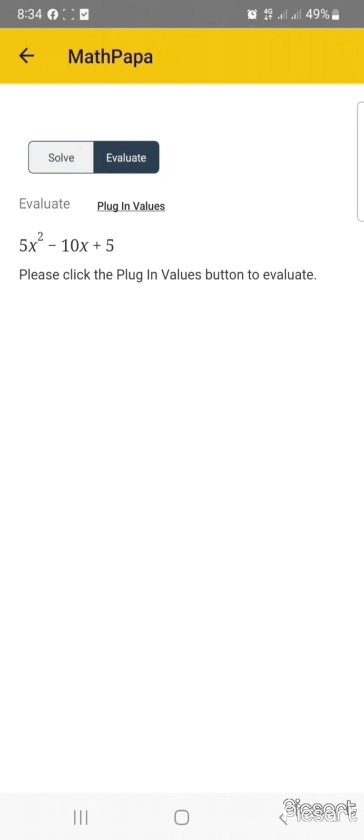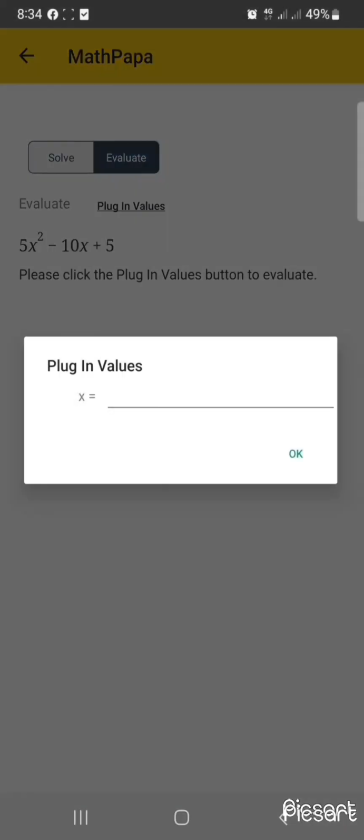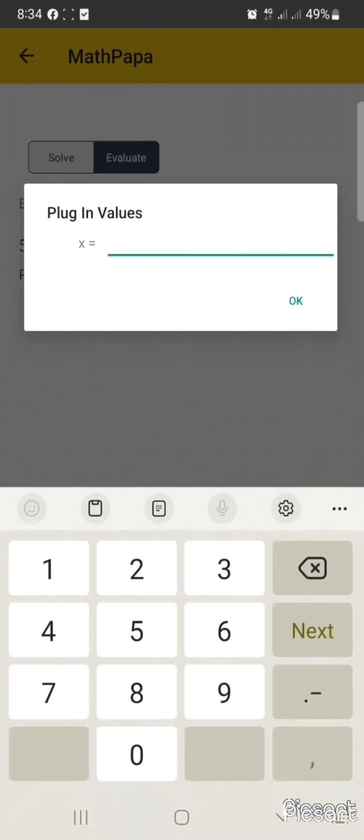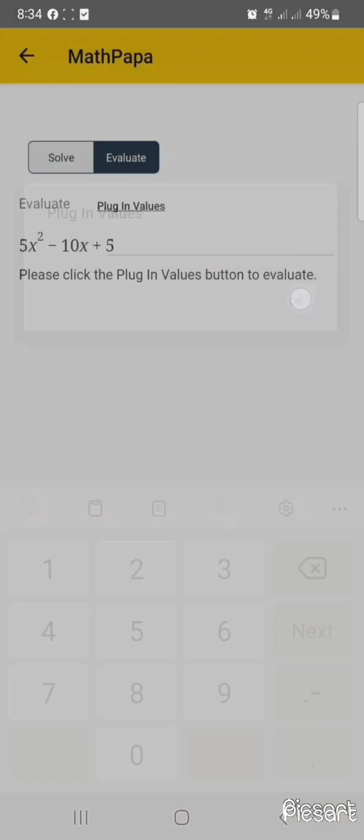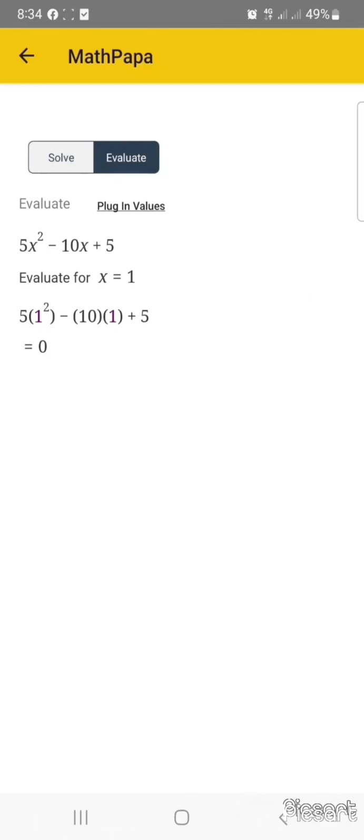And if we are asked to evaluate, then simply choose any value of x. For instance, we have x equals 1. You just click OK here. And when x is equal to 1, then the whole polynomial is equal to 0.